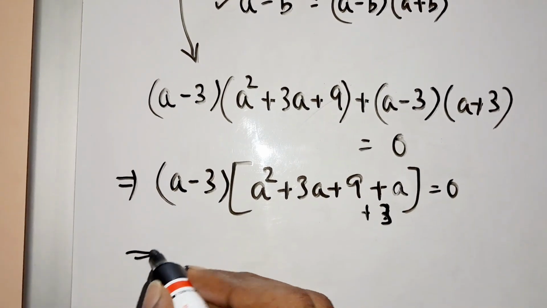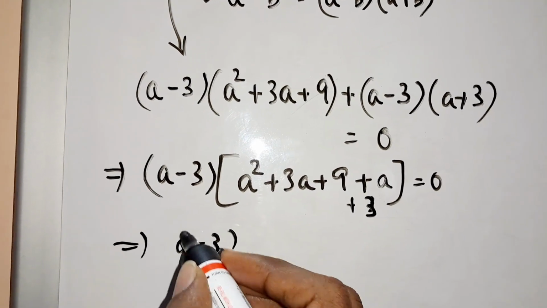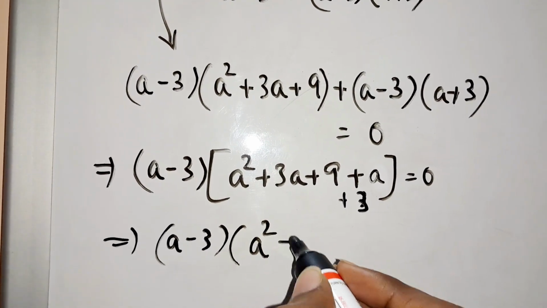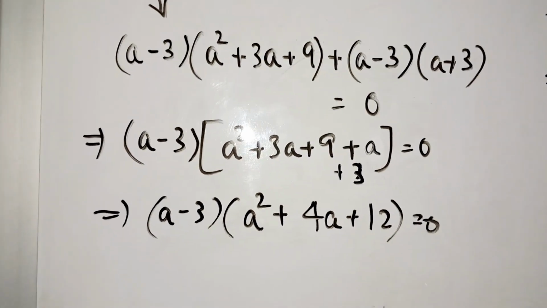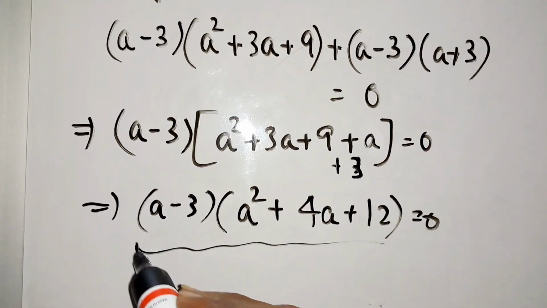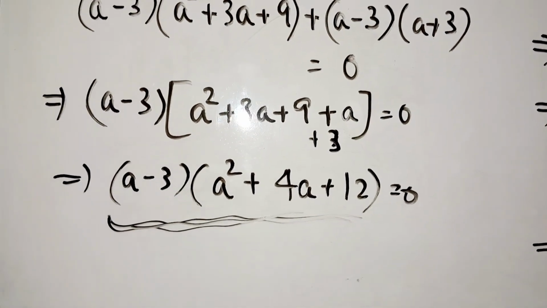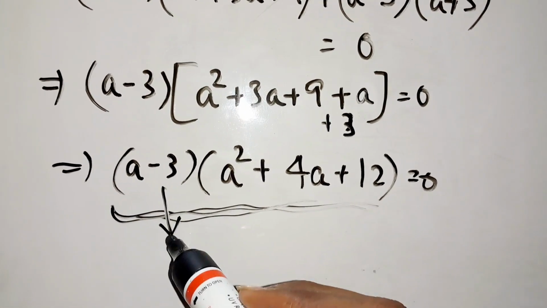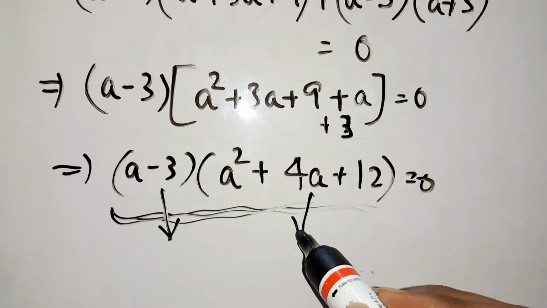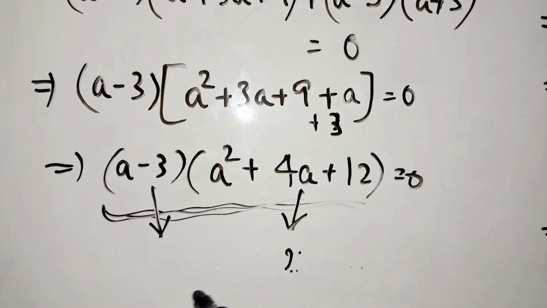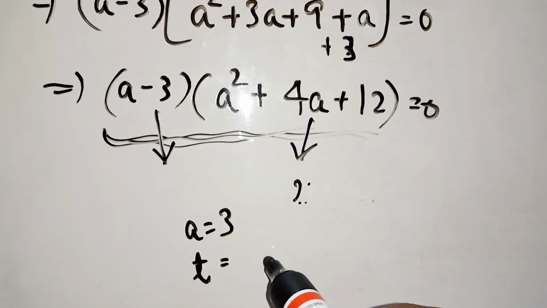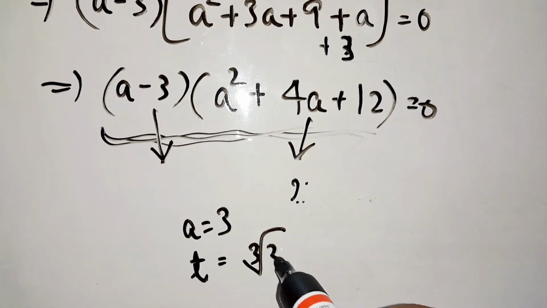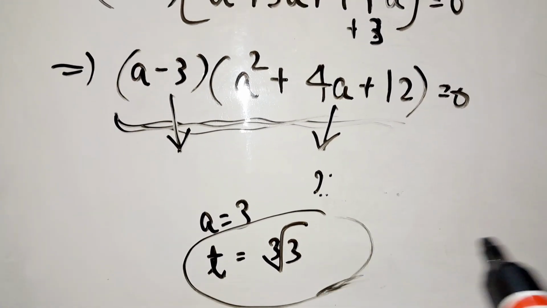So we finally get a minus 3 multiplied by a square plus 4a plus 12 equals 0, which is the same factorization as we got from the long division method. After that we factorized this one and evaluated it, and similarly we got a equals 3, and finally t equals cube root of 3. This is our final answer.